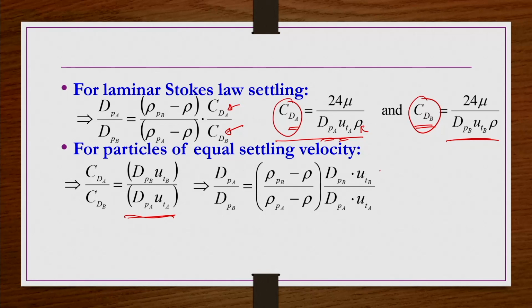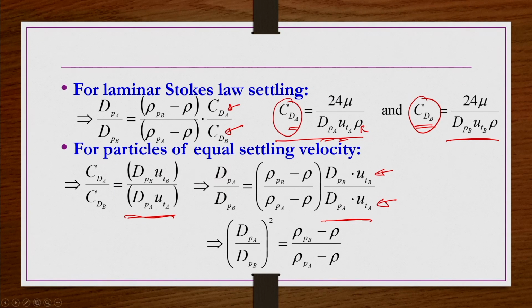So, in place of CDA by CDB, now we are writing dPB UTB divided by dPA UTA. Now, taking dPA to the other side, dPA by dPB whole square is equal to (rho PB minus rho) by (rho PA minus rho), and then UTB and UTA cancel out because these equations are for equal settling velocity, right.